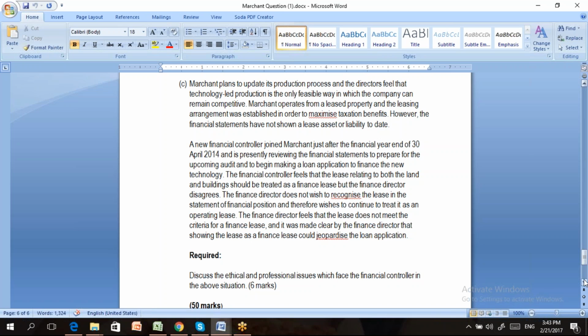Marchand operates from a leased property, and the leasing arrangement was established in order to maximize the taxation benefit. However, the financial statements have not shown a lease asset or liability today. So probably you can see the IAS 17 is the relevant standard for leasing. It says if it meets the criteria for a finance lease, the assets should be shown under leased assets, and the corresponding liability should be shown, right?